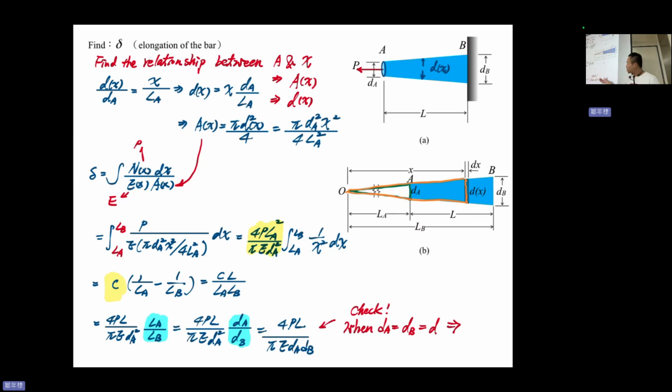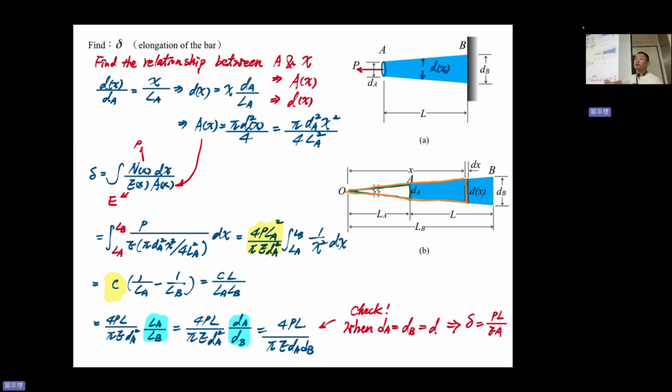Anyone want to substitute the D into this and then give me the answer? EA, right? So you get exactly PL divided by EA. Very nice.